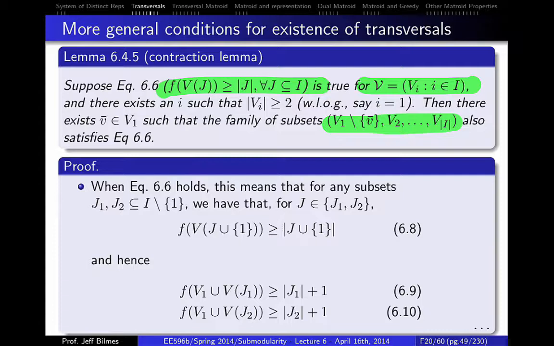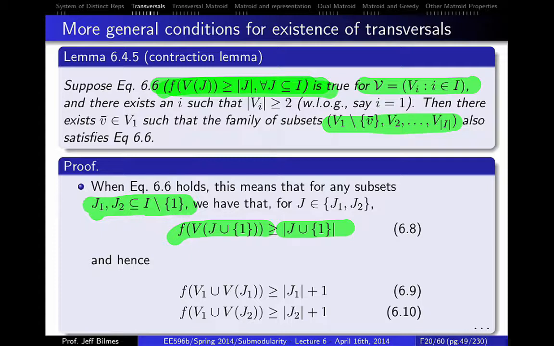If we take any subsets J of I that don't have 1 in them, then thanks to 6.6, f of V of J union 1 is greater than or equal to the size of J union 1. That's just a restatement of equation 6.6.